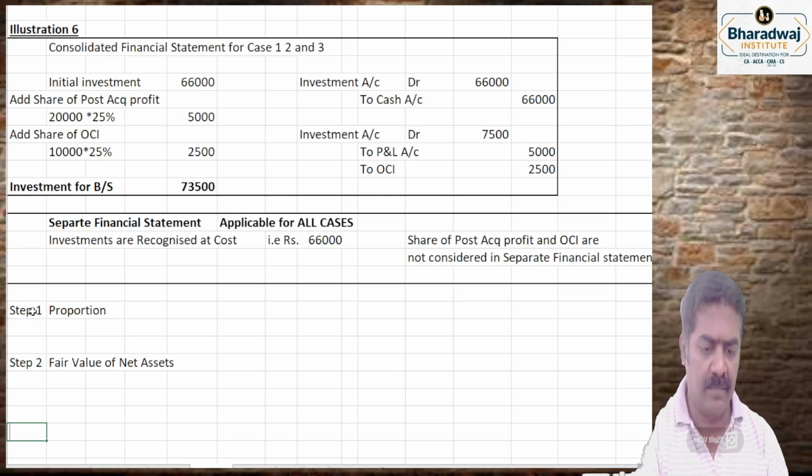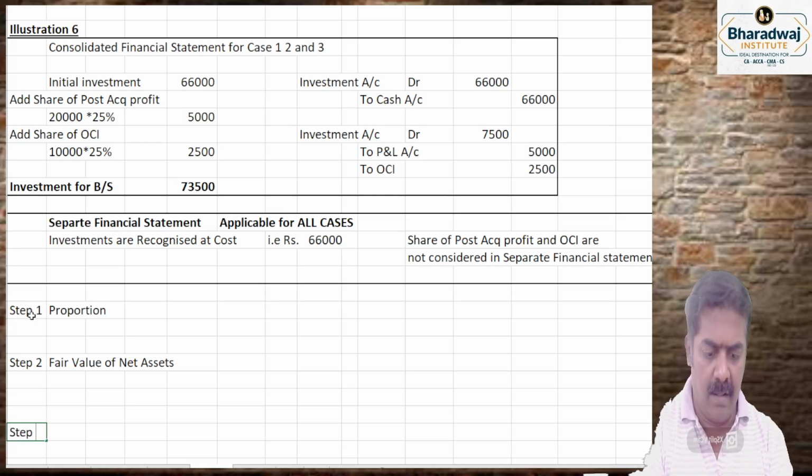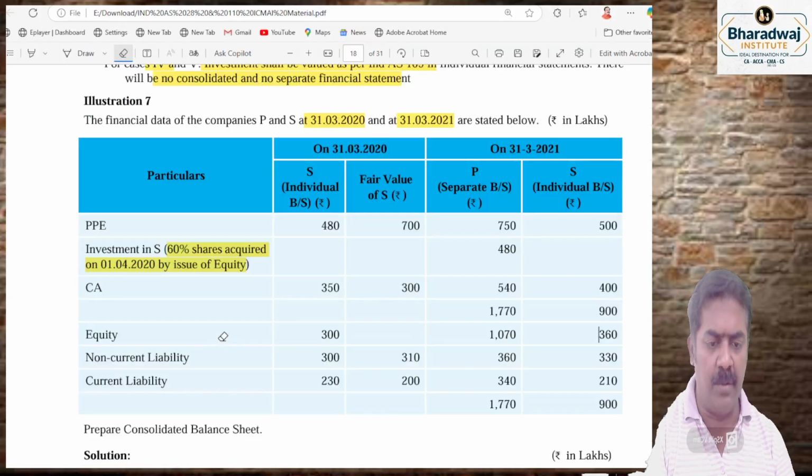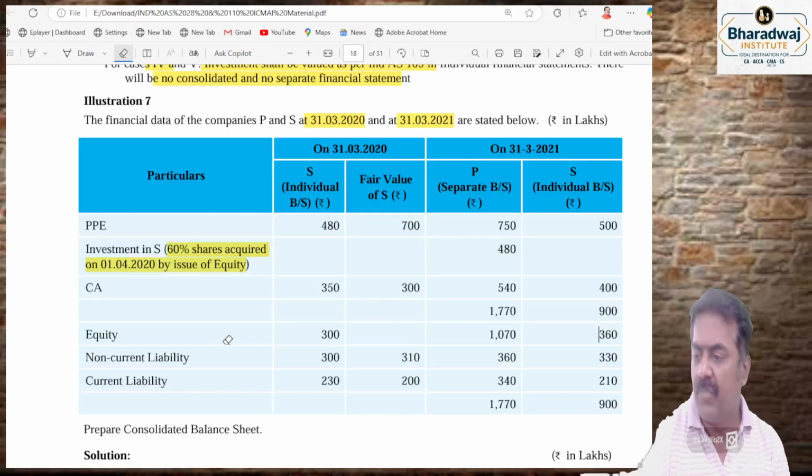Then NCA. Do they ask you to value the NCA using a specific method? Any specific method? Or we can apply fair value method, 60% to 480 and 40% apply.